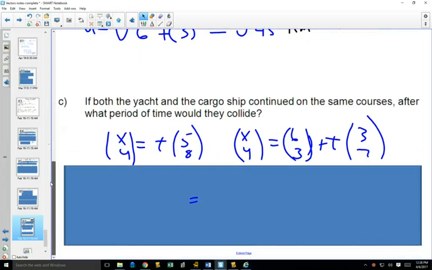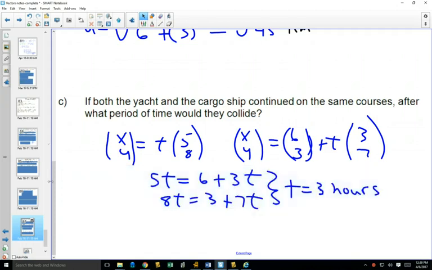We know our two equations, and from those we can set up our parametric equations. Equating the x parametric equations, 5t would have to equal 6 plus 3t, and 8t would have to equal 3 plus 7t. Solving both of those equations, you get t equals 3.